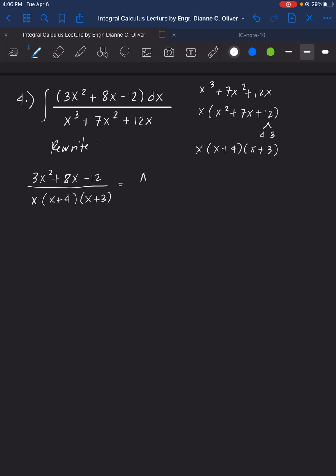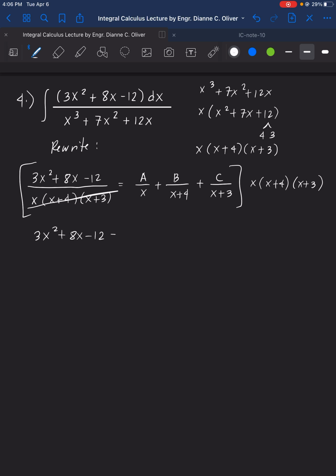It is equal to a over x plus b all over x plus 4 plus c all over x plus 3. Then, multiply both sides of the equation with x, x plus 4, x plus 3. We will cancel out this one. So what's left is 3x squared plus 8x minus 12. That is equal to, multiply this with the first term, x will be cancelled out.